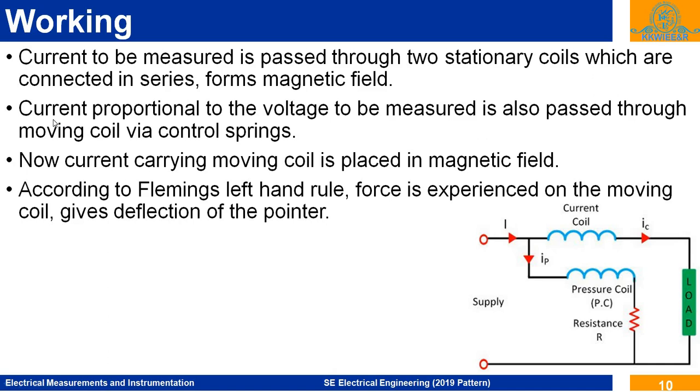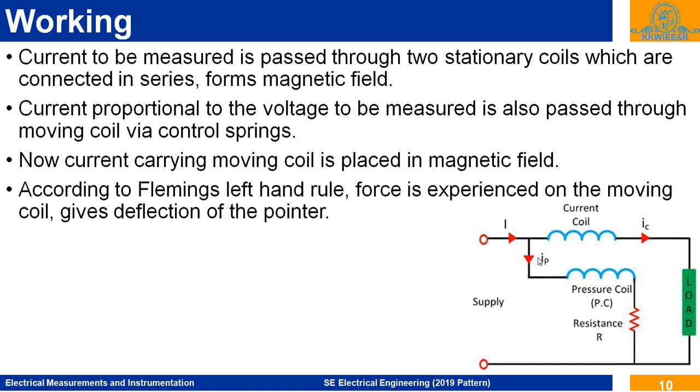The current proportional to the voltage to be measured is also passed through the moving coil via the control spring. This moving coil is called the pressure coil, or voltage coil, and has terminals V and C, called voltage and common.